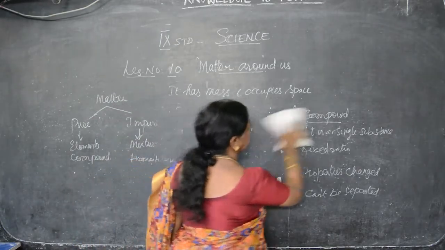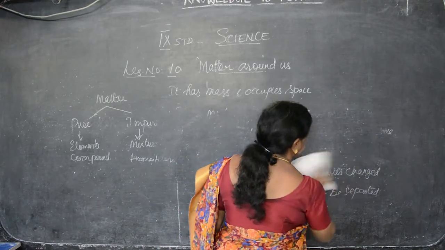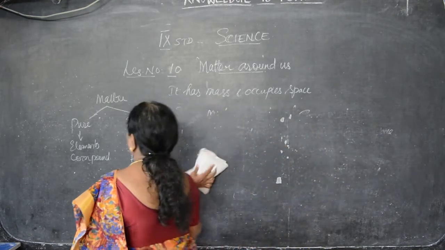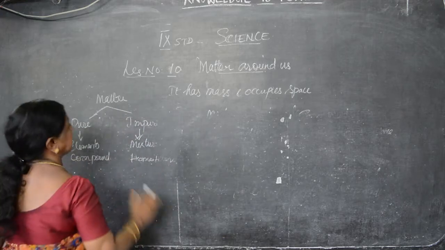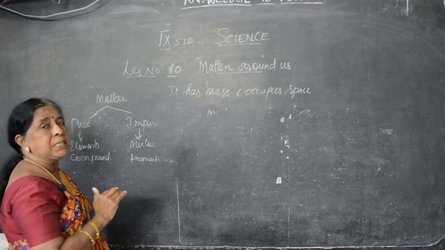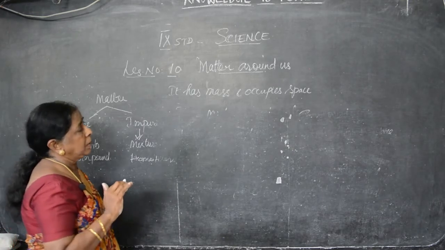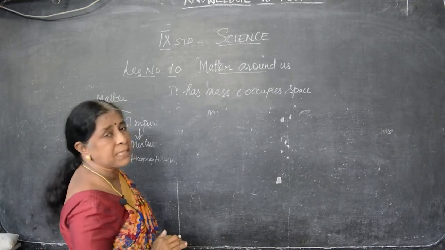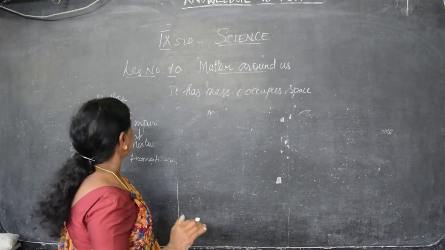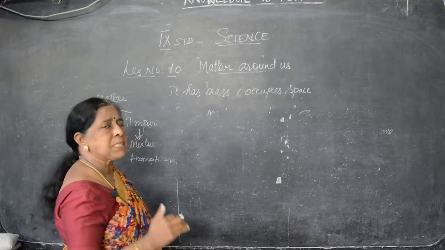So what are the things we have come across now? What is matter? Let me recall what I said. Matter is something that occupies space and has mass. We can divide matter into pure substance and impure substance.